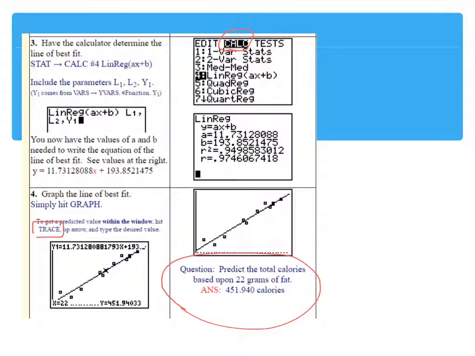So you would type in 22 and it would take you to that and you would see 451.940 calories approximately. You can also use the equation that you found. So if we want to make a prediction for y, we'll plug in 22 up here into this equation for the variable x.